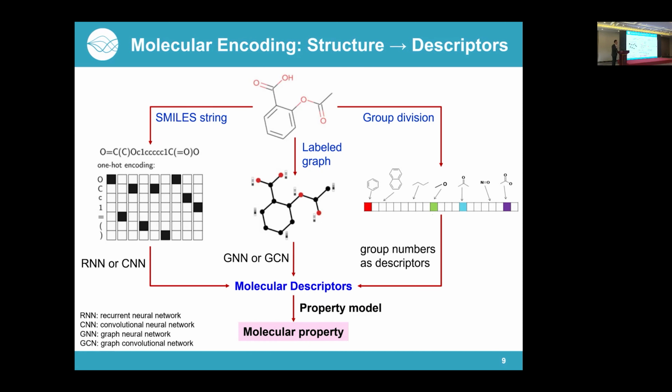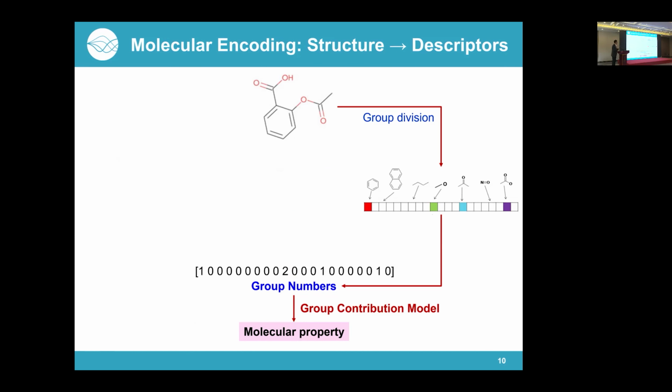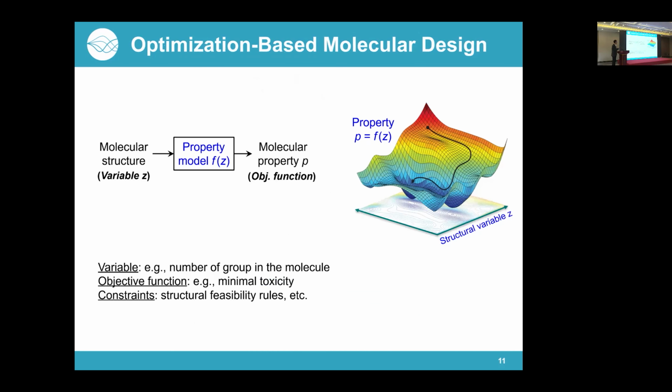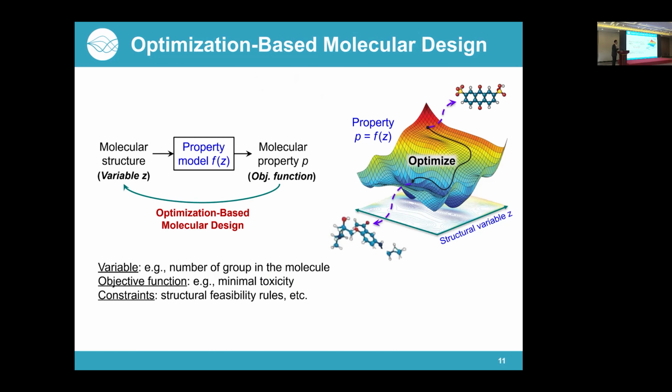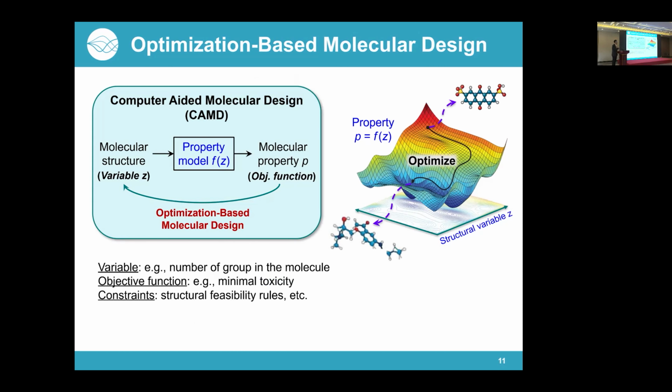In computer science, they also call them features. So if I use this as an example, basically you have your molecular structure space. Then you use a property model, you predict your molecular property, then you can do optimization. So this is basically the way that we do CAMD, computer-aided molecular design.